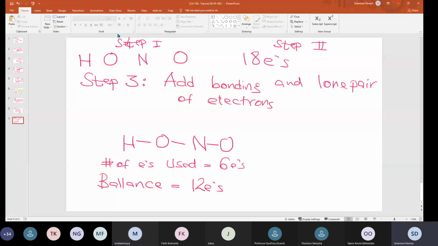Now, when you look at the elements, of course, hydrogen is happy because it has its duet of electrons. If you look at this oxygen, it has only 2 bonds, 4 electrons. The nitrogen has 2 bonds, 4 electrons. The other oxygen has formed 1 bond, only 2 electrons. So none of these elements have an octet of electrons.